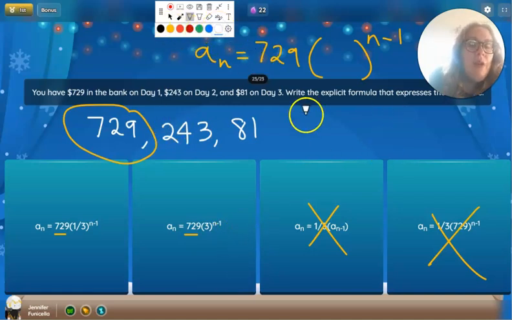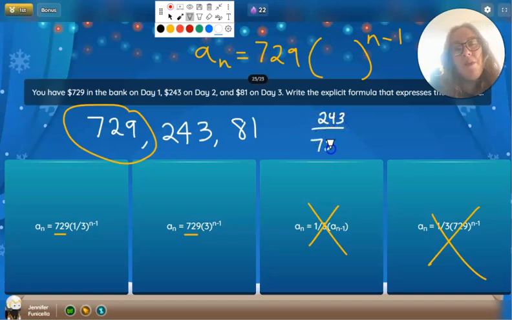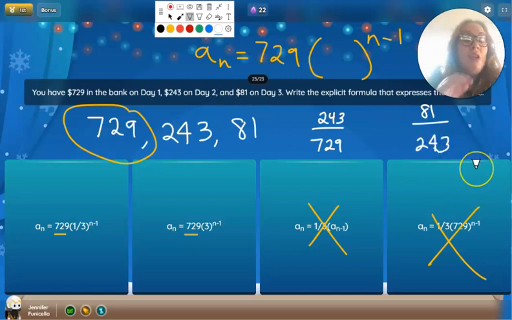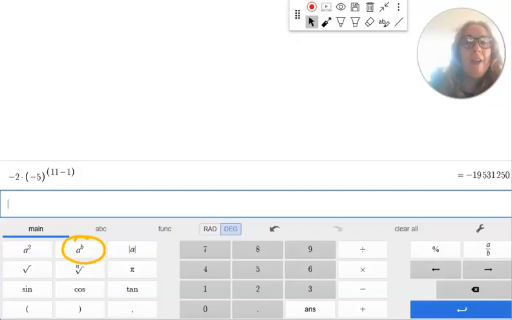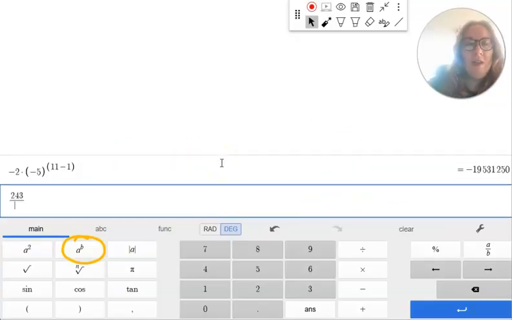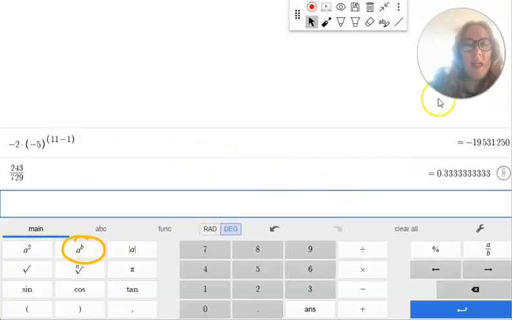Our ratio, well, what's 243 divided by 729? Or what's 81 divided by 243? Use this division to work backwards to find the common ratio. Notice the numbers are getting smaller, so it's going to be a fraction. So we have 243 divided by 729.